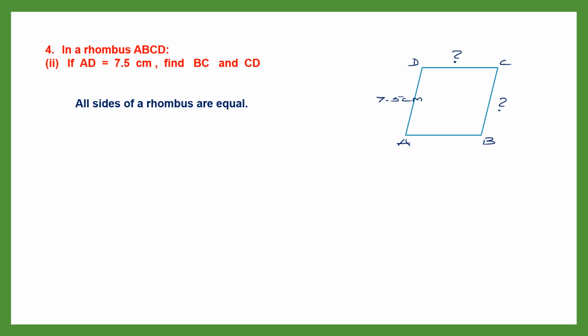So that means AD is 7.5, isn't it? That is equal to BC. BC is equal to CD, and they're all equal to 7.5 centimeters. So you can write it separately. BC is equal to 7.5 centimeters and CD also is equal to 7.5 centimeters. That's because all sides of a rhombus are equal.